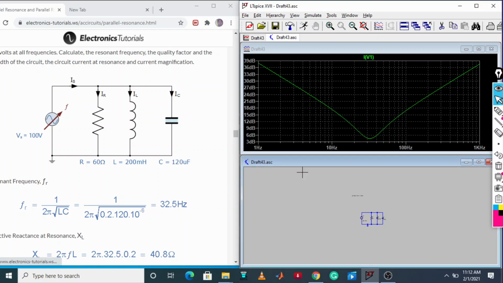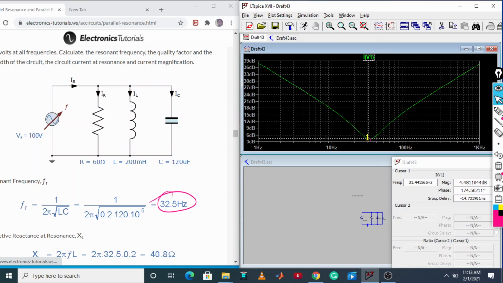Now let me see what the resonance frequency is. While solving the equation, we got the resonance frequency 32.5, and we are going to see whether it is 32.5 over here, because here we are getting the minimum current. That will be our resonance frequency. Just click over here and check.